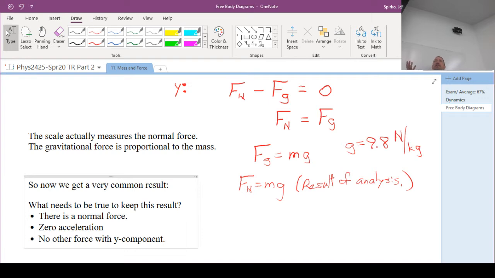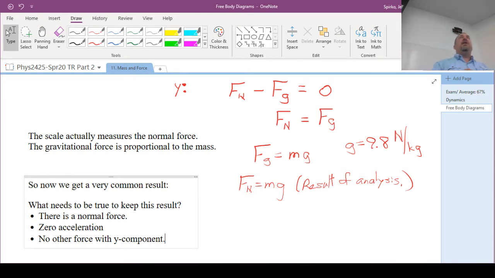So it's just... What if you drop it? If I drop it, what if I don't quite drop it? What if I just lower it? Controlled. What if this entire thing is in an elevator? So then the object, the mass, is still sitting on a scale, but because it's rising and falling with the elevator, there's some acceleration.